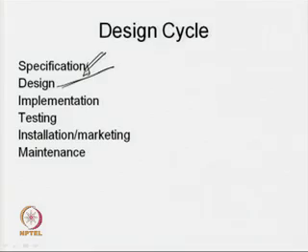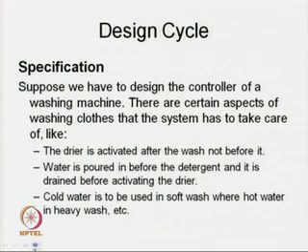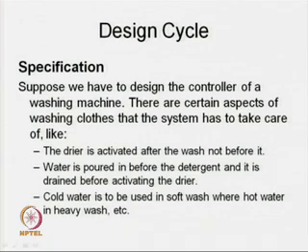Just to give a brief idea of what we do in specification and where it comes from, we will give an example. Say we are going to design a controller for a washing machine. Our controller should satisfy some property, and this specification can be stated as: the dryer is activated after the wash, not before.